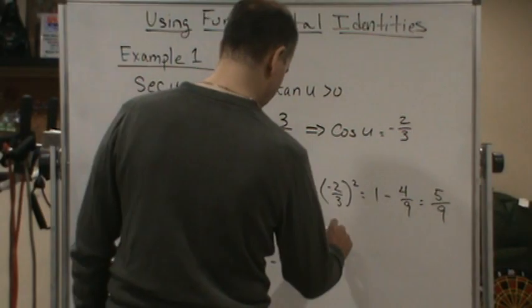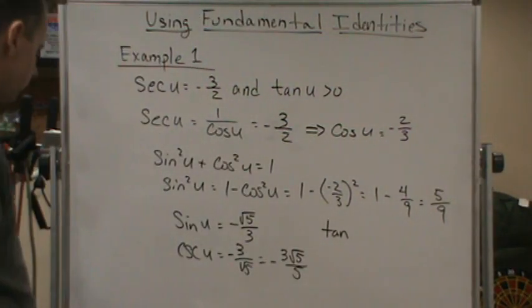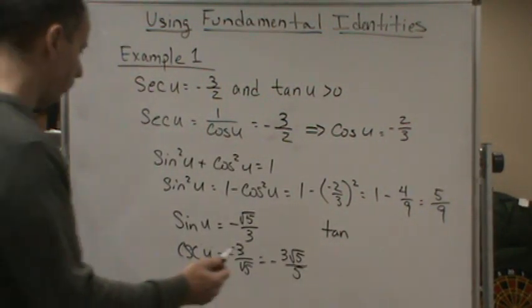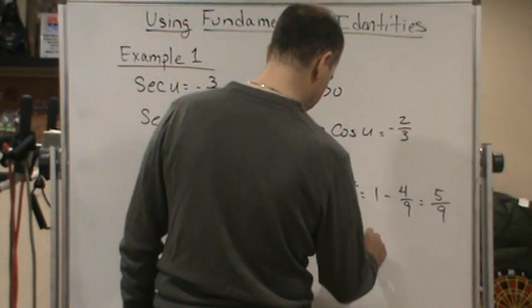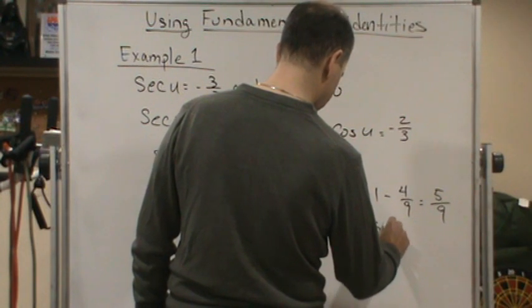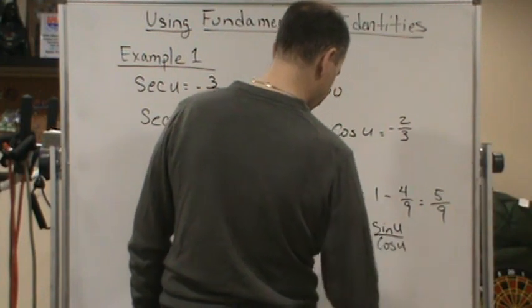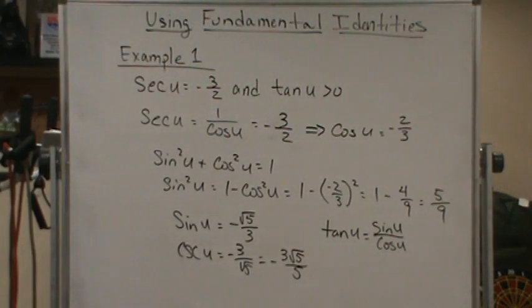So tangent u is equal to what? Sine over cosine.